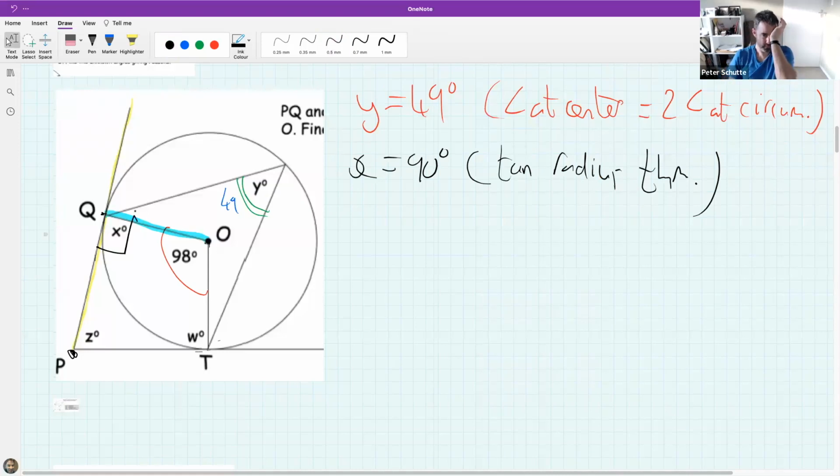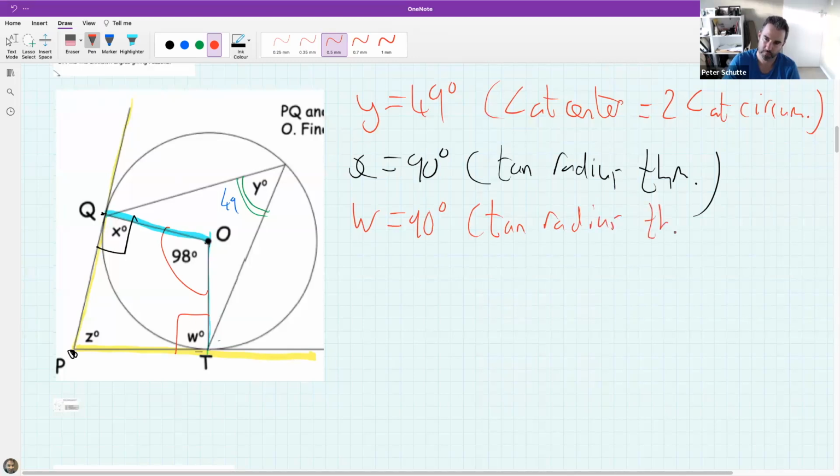What else can we work out? Yes, Letabo, you spotted it, because for the same reason, this is also a tangent. And so we can imagine that should be 90 as well. So we're going to say W is 90, tan radius theorem.